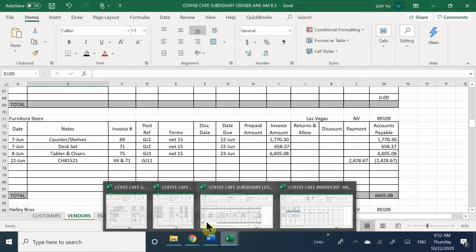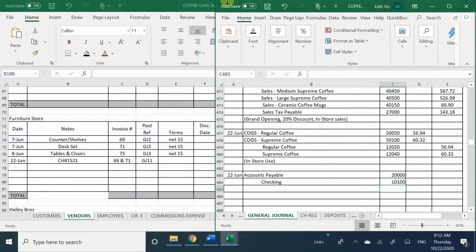So let's go back to the journal. Good. And we're going to put in accounts payable 660508. And then checking as well. Oh, I typed that in wrong. 660508.